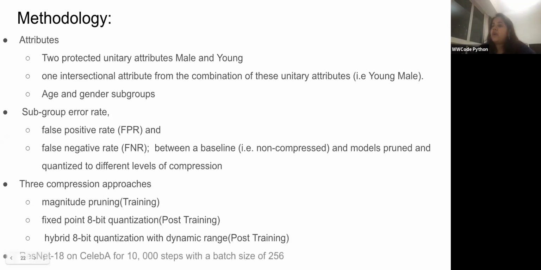And one thing very common with all papers, as we know, is which model they're training on. They're using something called ResNet 18, which is also a compressed model. It's not like your ResNet 50 or above. And it's CelebA for 10,000 steps with a batch size of 256. This is another important piece of information they give, and you'll find it very common in other deep learning papers too.